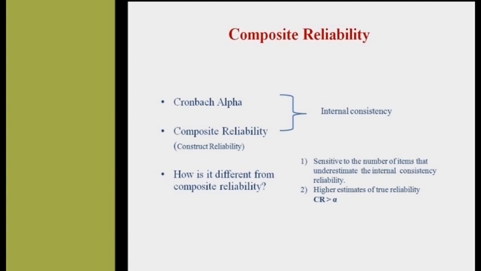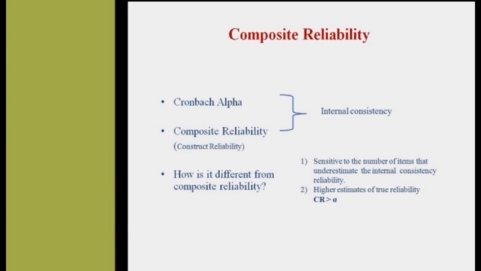In the case of Cronbach Alpha, the reliability is more sensitive to the number of items. A smaller number of scale items tends to result in lower reliability, while a larger number of scale items tends to have higher reliability.